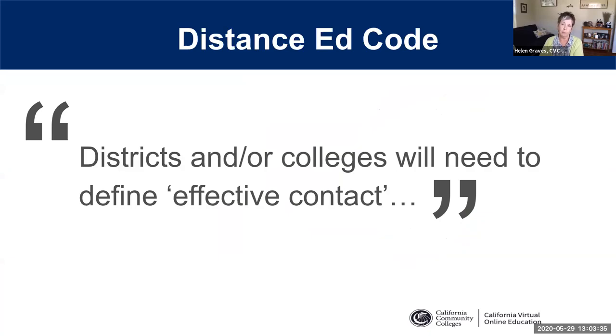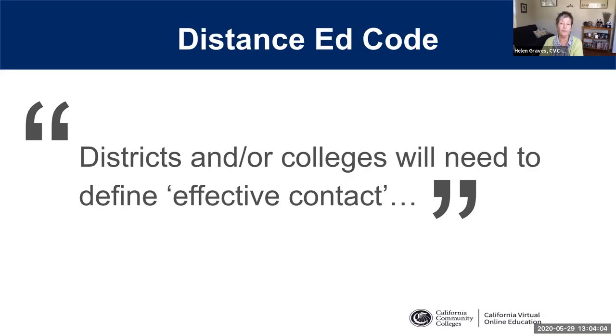Something else to be aware of procedurally is that for regular effective contact, the state distance education guidelines say districts and/or colleges will need to define effective contact, including how often and in what manner instructor-to-student interaction and student-to-student interaction is achieved through collegial consultation with the district or college's academic senate.